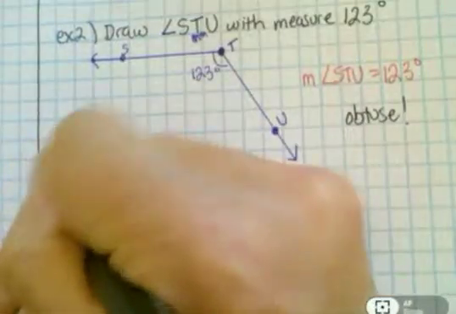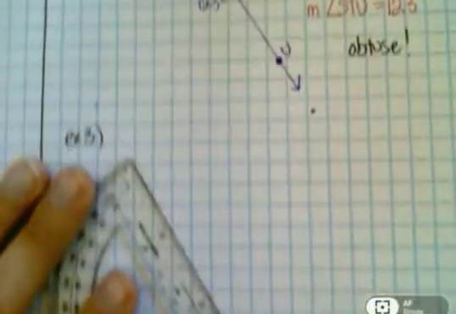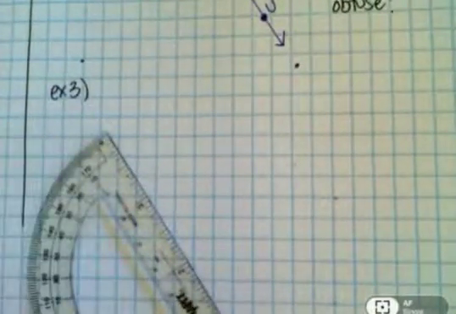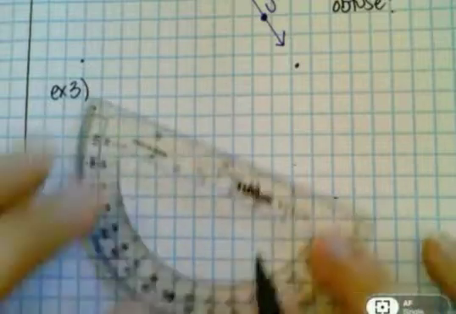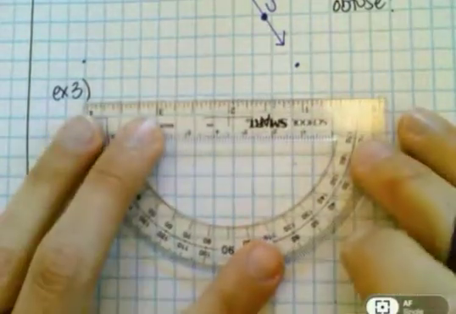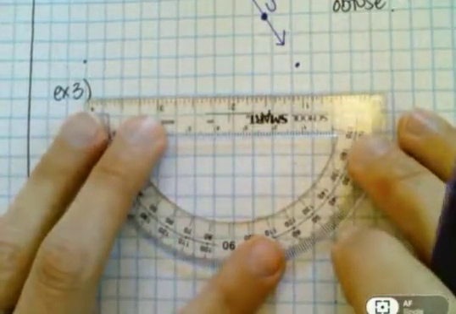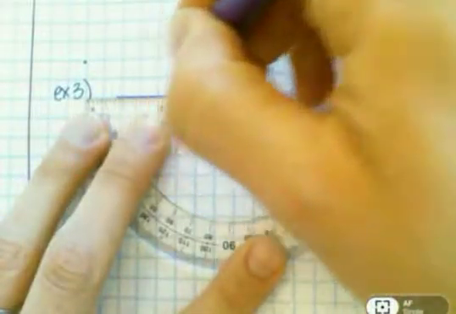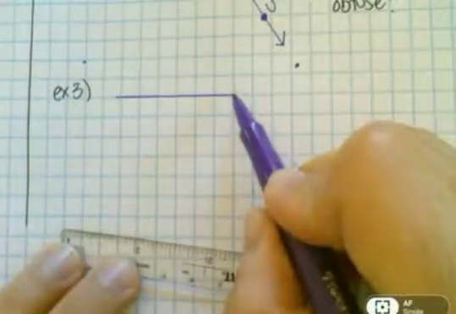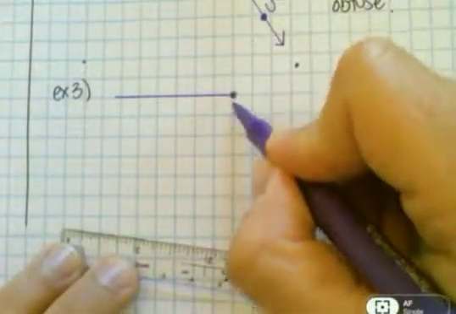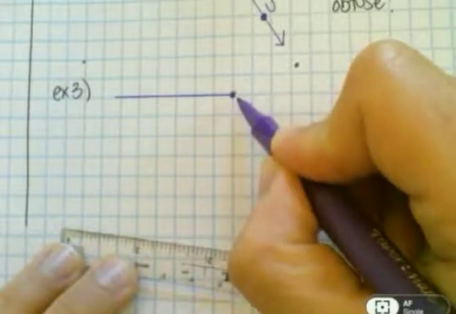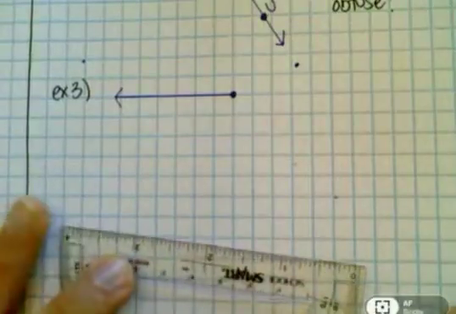So example 3, we're all going to attempt to draw the exact same angle, which is going to be a little tricky. So what I would like for you to do is draw a perfectly horizontal line here, like that. But I need the endpoint to be at a grid crossing, like this. So go ahead and draw that.